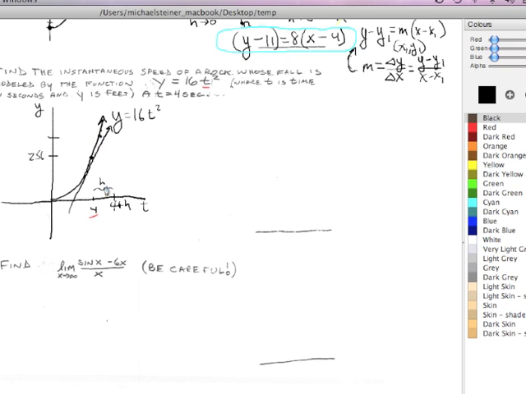This is supposed to go right up to here. Well, it is 16 times 4 plus h squared, because we're just putting 4 plus h into the function for t to come up with the distance.